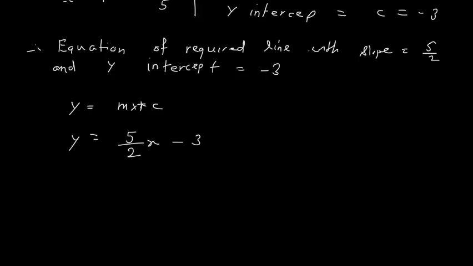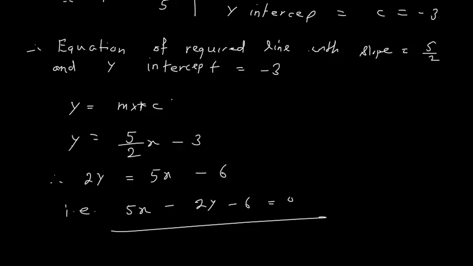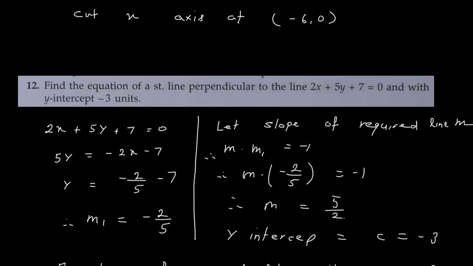Now multiply each term by 2. So here we can say that 2y is equal to 5x minus 6. That is 5x minus 2y minus 6 is 0. So this is our required line, the equation of the required line.